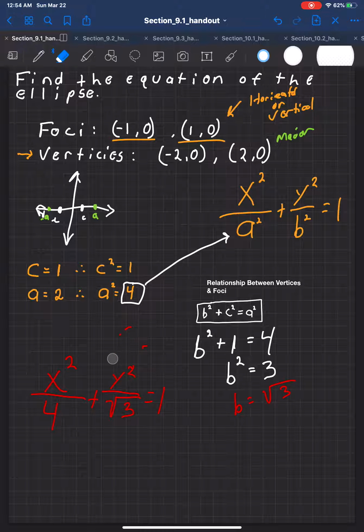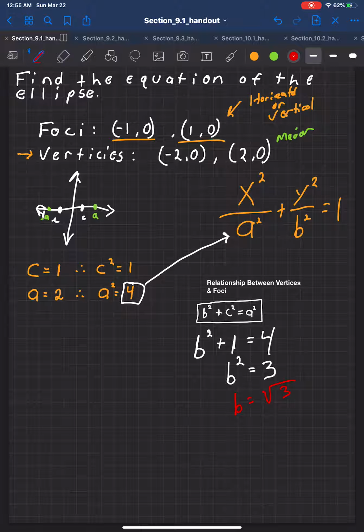Well, here's what happened. Algebraically, or structurally, we have done nothing wrong. I mean, if b squared is equal to 3, then b is equal to plus or minus the square root of 3. Maybe you're thinking I should have put a plus or minus in that result. Well, let's take a look at what we want.